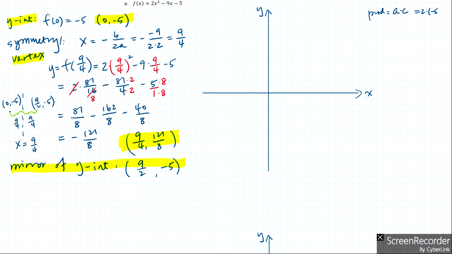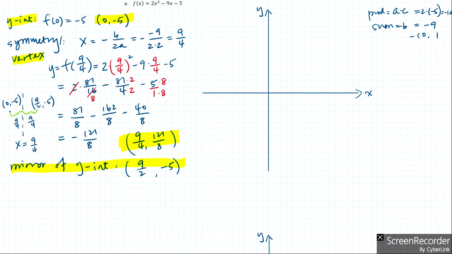And if I have a product of -10, I also want the sum to be equal to b, which is -9. You can go through the factor pairs of 10 and think about how you can get a combination. And eventually the two numbers that would work should be -10 and +1, because -10 times 1 is -10, and -10 plus 1 is -9.